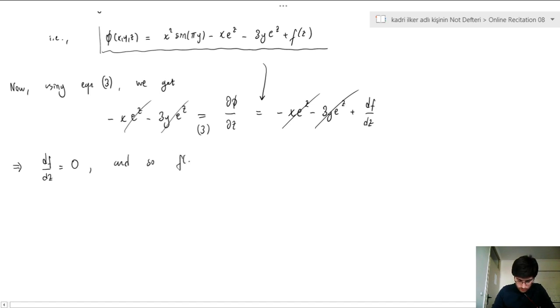So it means that f of z is just some constant k.